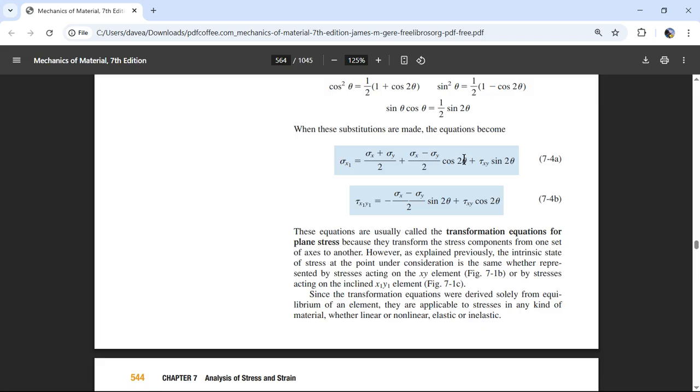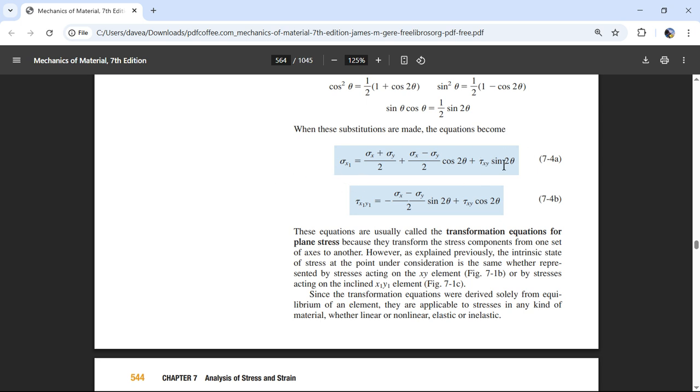That's 95 for theta times 2, which is 190. So my angle is going to be down here, and my cosine is negative. It's going to be the same as this, just with a negative sign. So now we can do that with the sine theta.